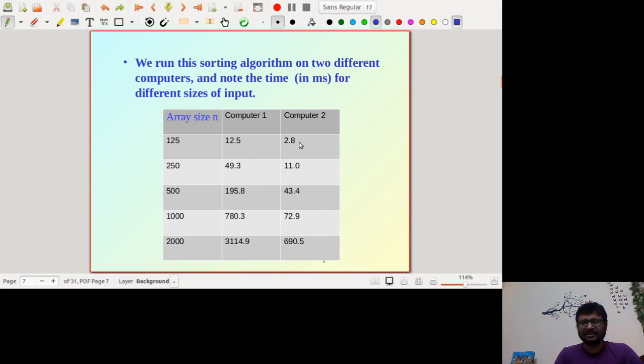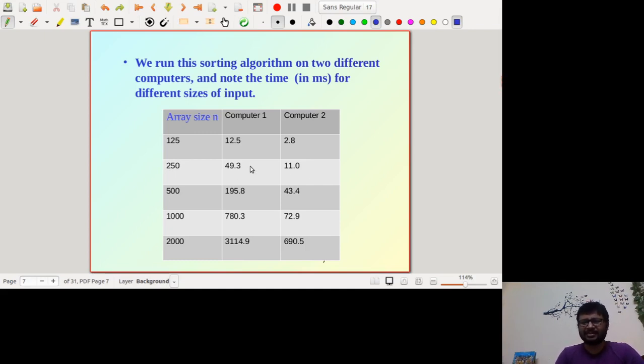See here, the numbers are pretty different. So computer 2 seems to be much faster than computer 1. On an array of size 125, computer 2 takes 2.8 milliseconds, while computer 1 takes 12.5 milliseconds. When the array size is 250, computer 2 takes 11 milliseconds, while computer 1 takes 49.3 milliseconds.